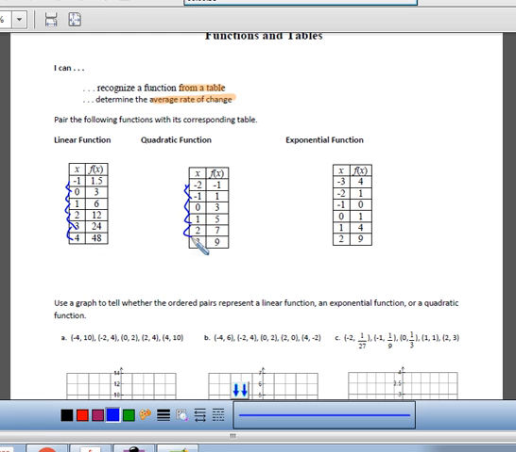They're all just merely increasing by 1 every time. So the input, or the x values, are not what gives this away. It's what happens to the output that will help you determine which function you're dealing with.